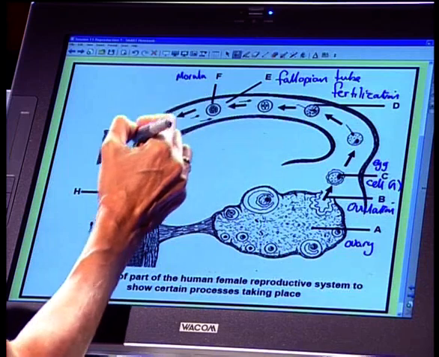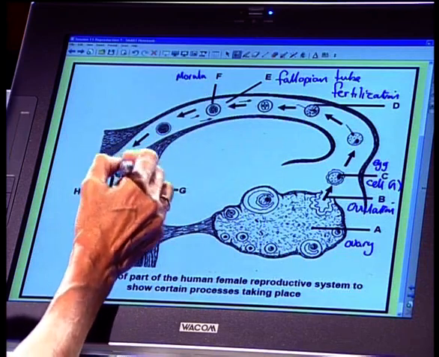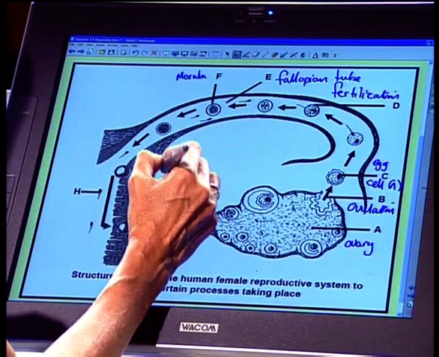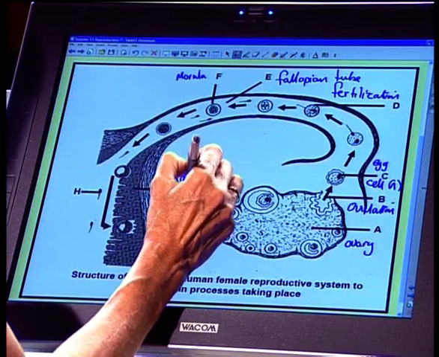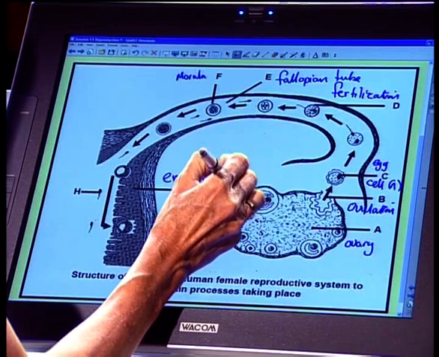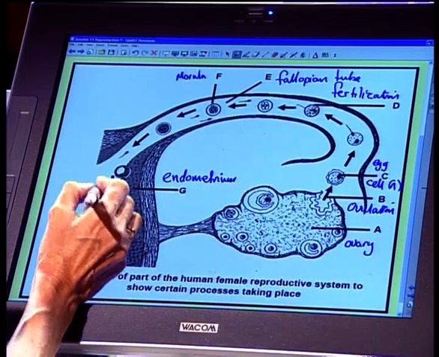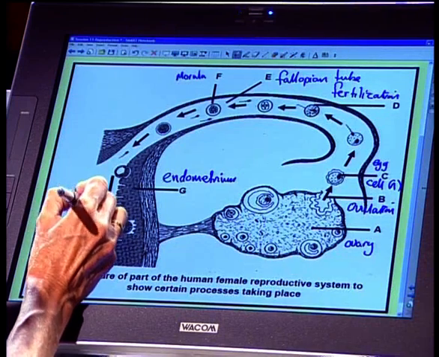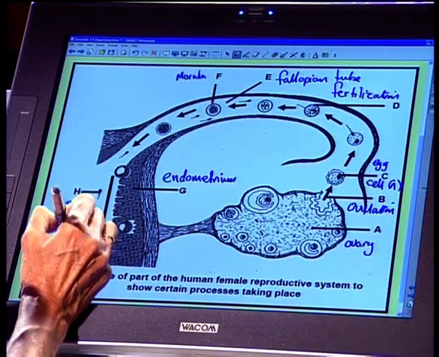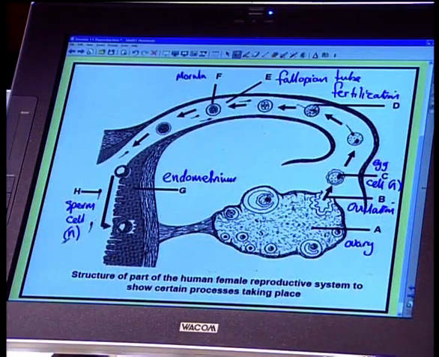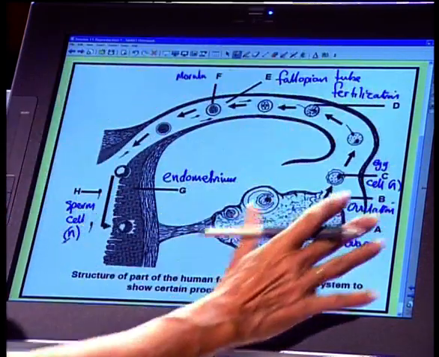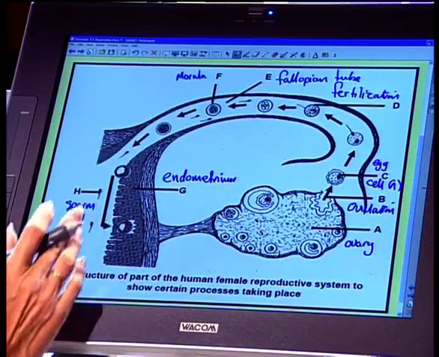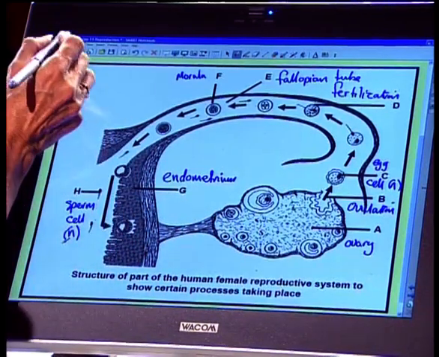All right, the morula then develops into the blastocyte. This here, endometrium. All right, and then H is our little sperm cell. And remember, sperm cells are haploid. All right, once you have labeled everything, now we can move on to our actual questions.